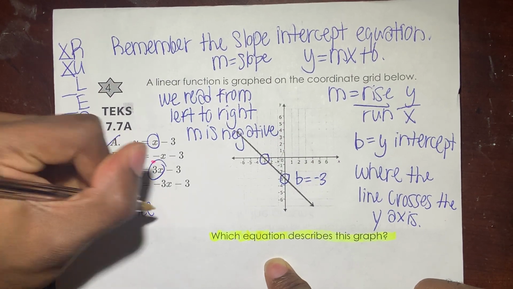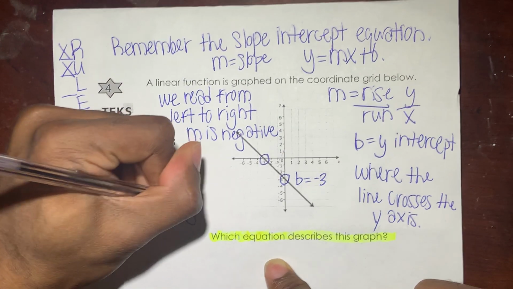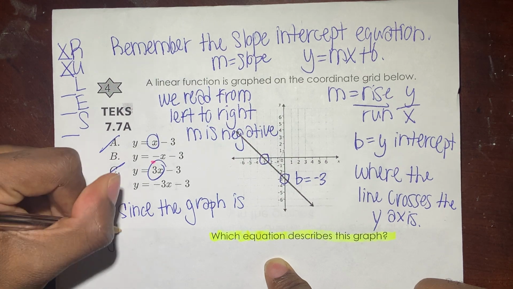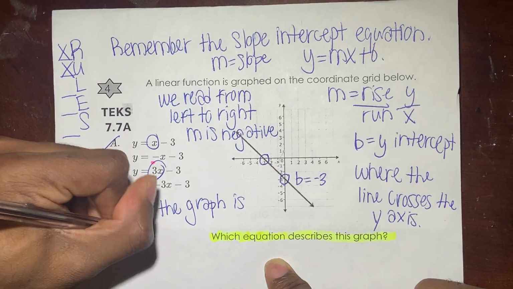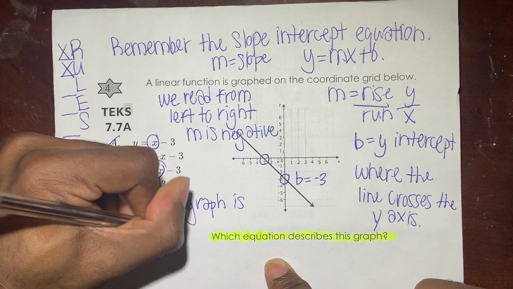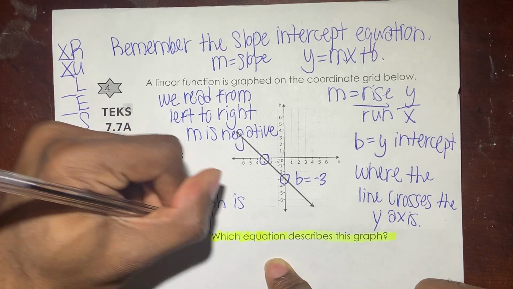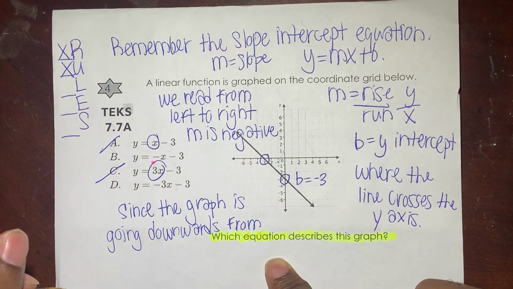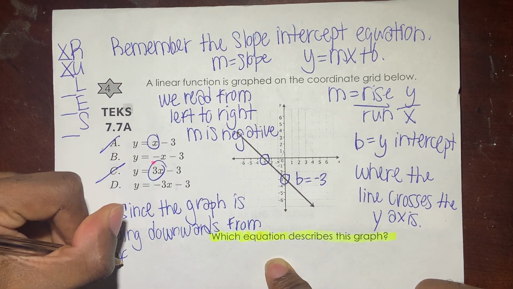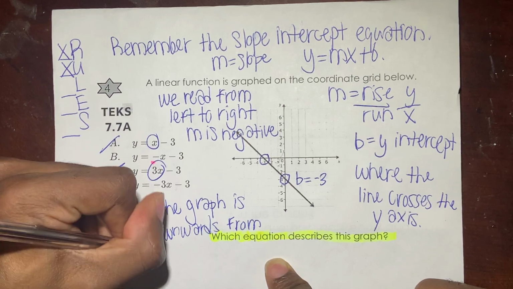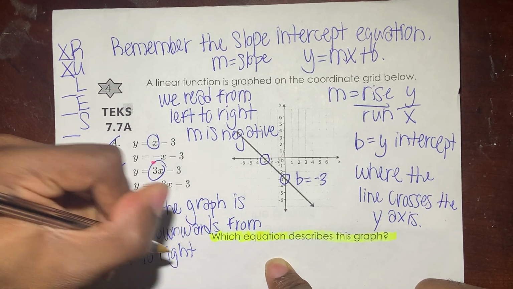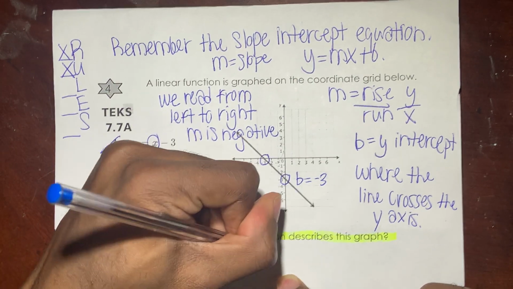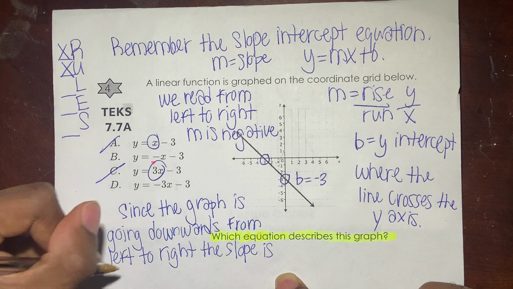Since the graph is going downwards from left to right, the slope is negative.